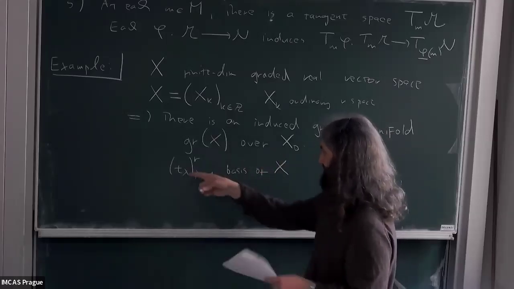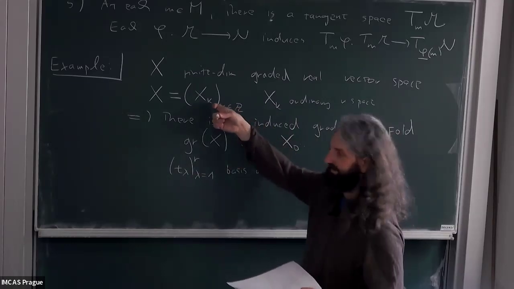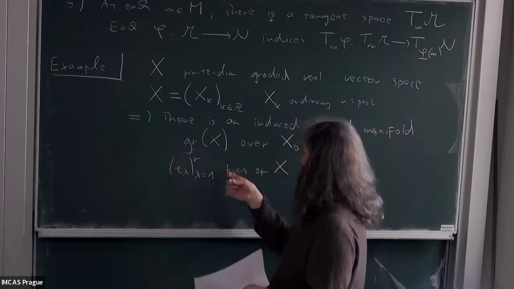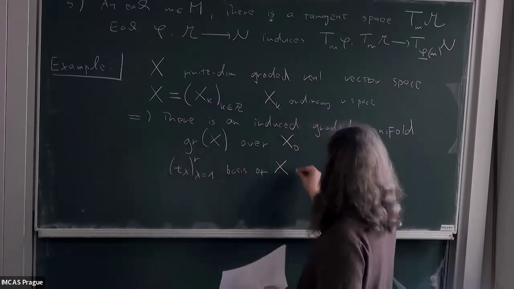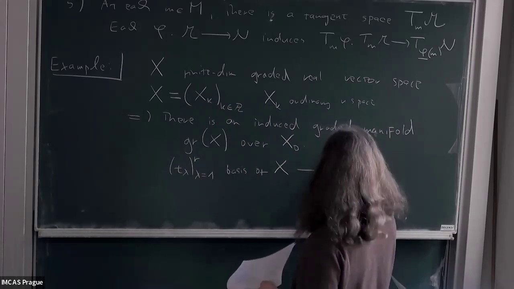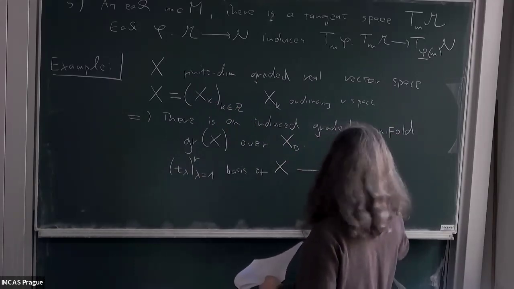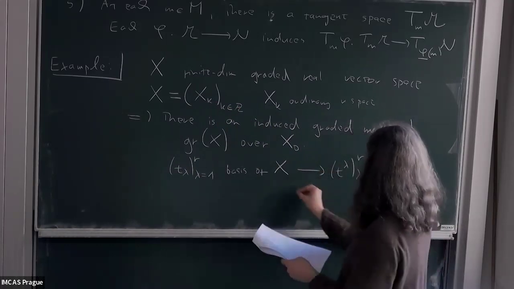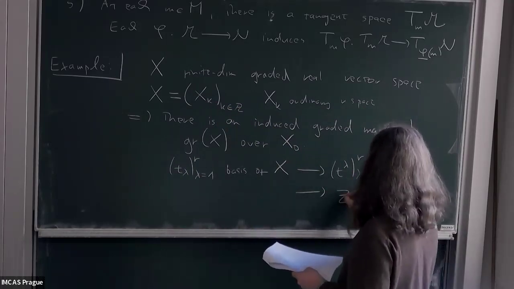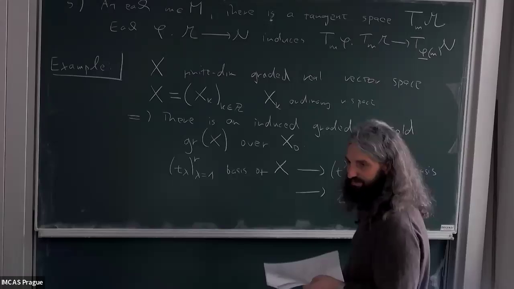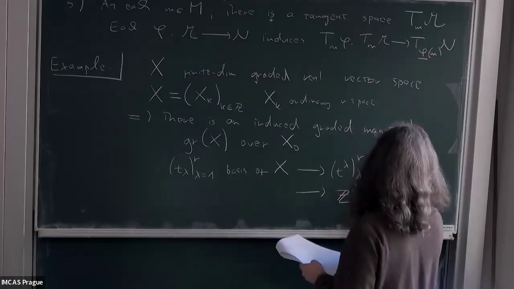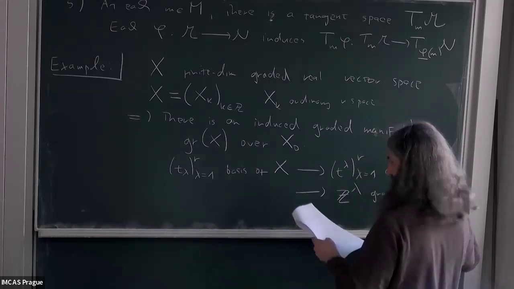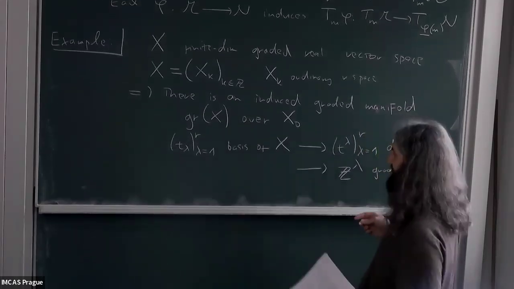So you technically take all the bases of the X_k and mash them together into one big basis, or total basis of X, and then out of it you take its dual basis, and to the dual basis you associate those graded coordinate functions. And this is how you think about that.